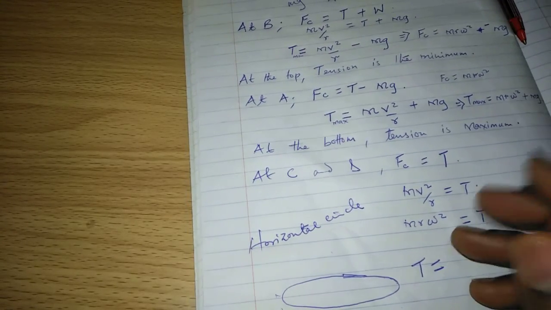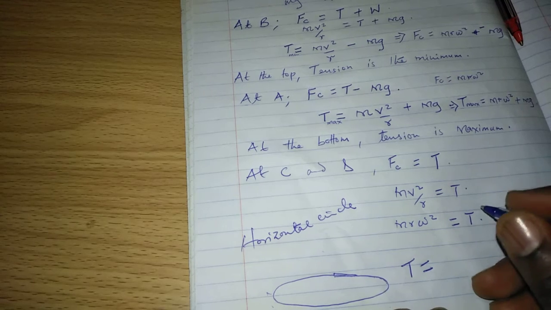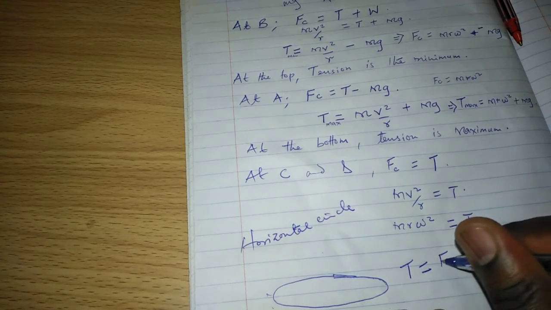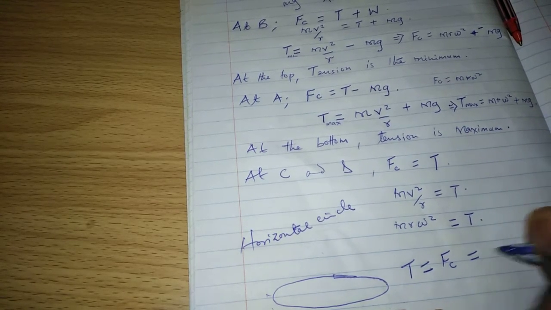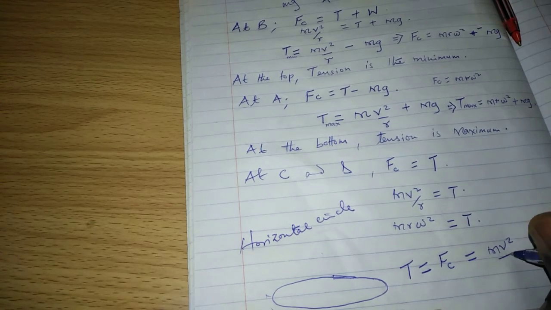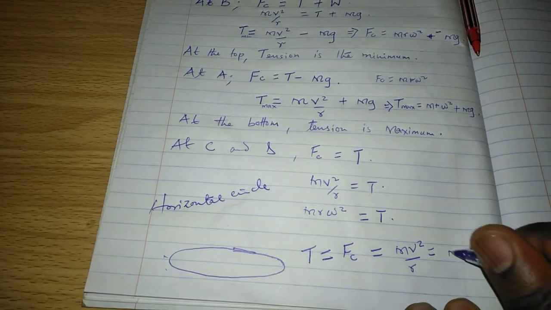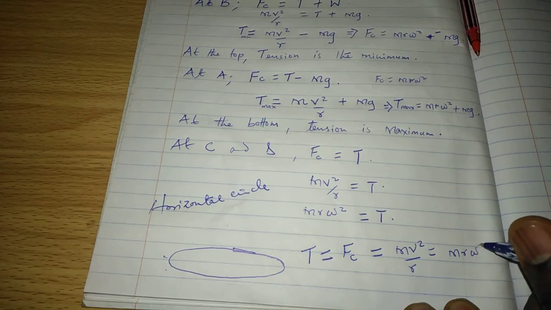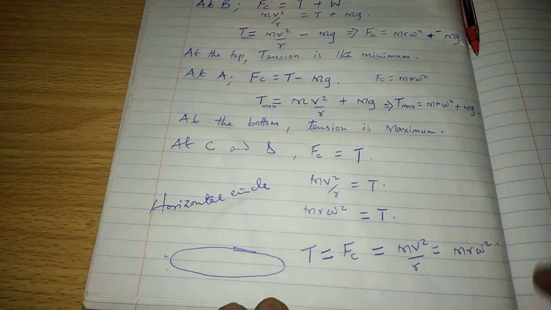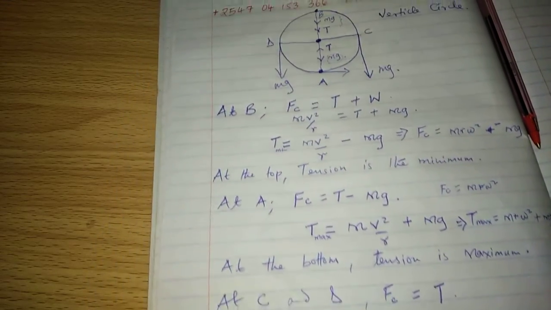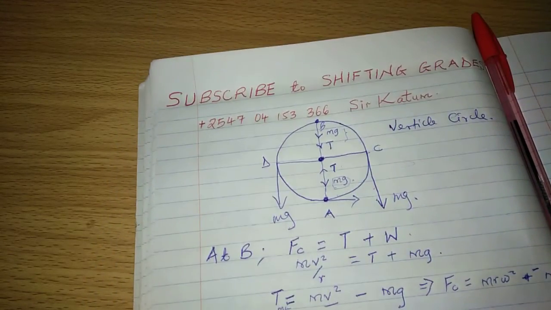It's not like in the vertical circle where tension varies. Tension is uniform and it will be equal to the centripetal force. This one will be equal to mv squared out of r, which is still the same as mr omega squared. So that is how we get tension at different positions for different types of circles.